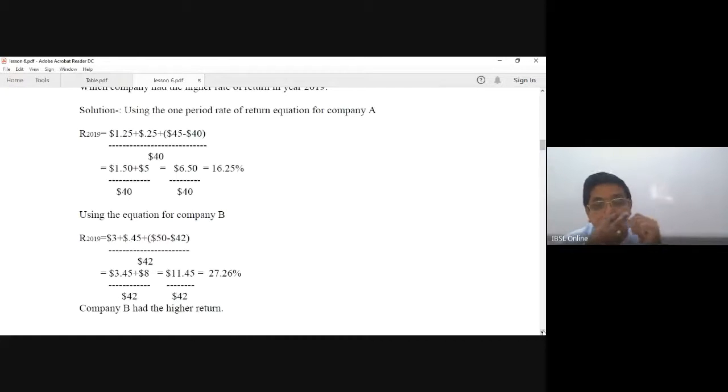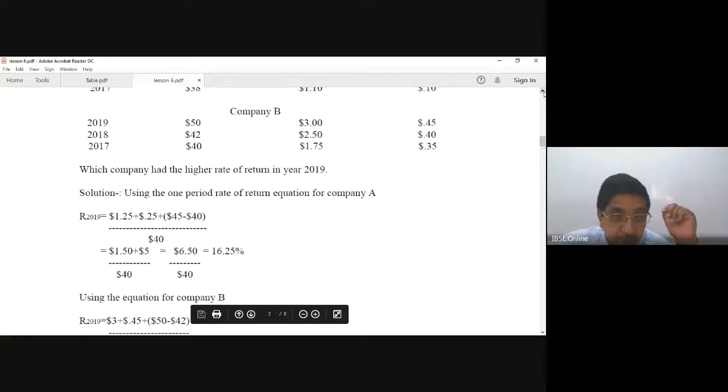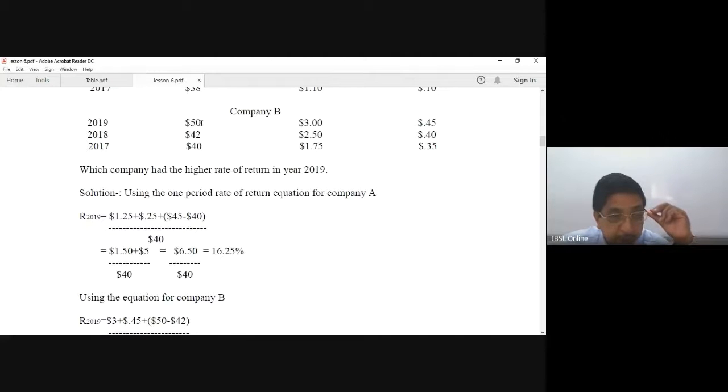Using the equation for company B, you can apply the data given for company B with regard to the net asset value. You can see the ending net asset value is 50 and the beginning net asset value is 42 for the year 2019.